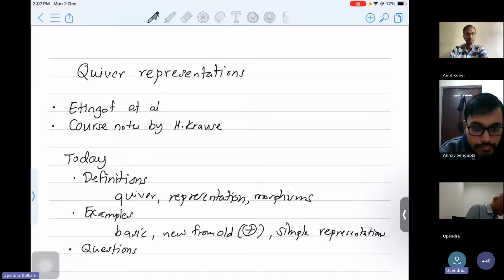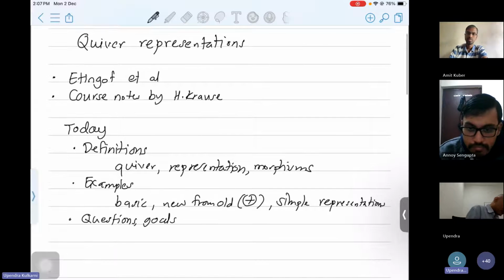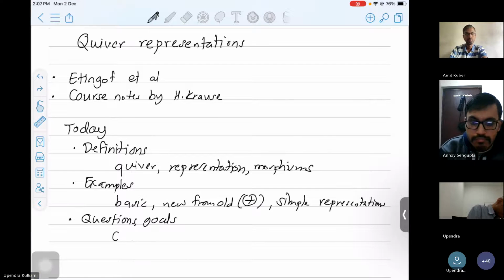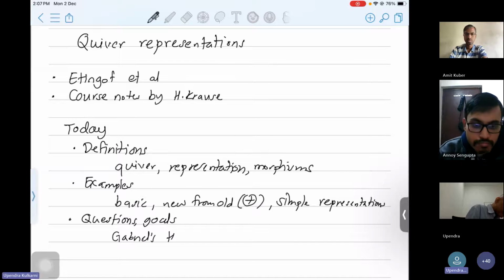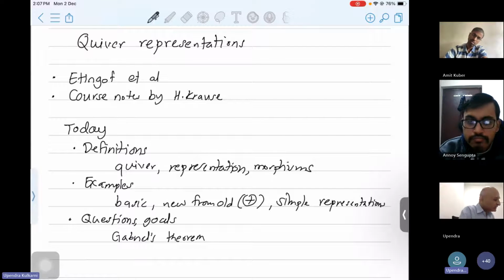And why are we doing all of this? So the major point that we are going to see is Gabriel's theorem, whose outline at least we should be able to state today.